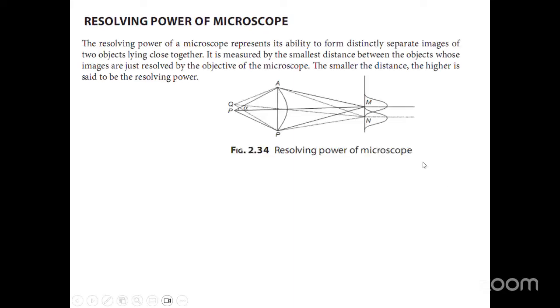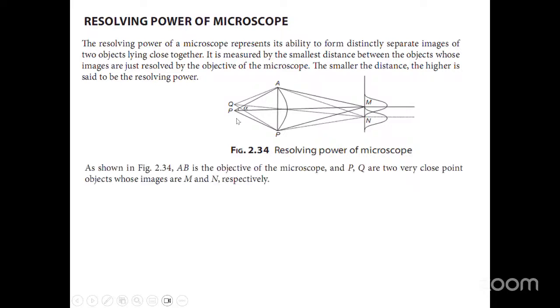But in our syllabus, we don't have the resolving power of a microscope. I just want to show you the image of the resolving power of a microscope. The same definition follows here. Whatever element you are using, whether it is a grating element, a telescope or a microscope, you can easily find out according to the definition only.